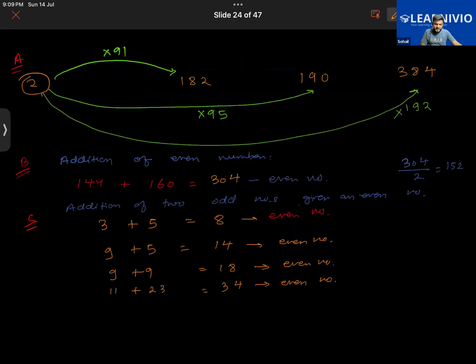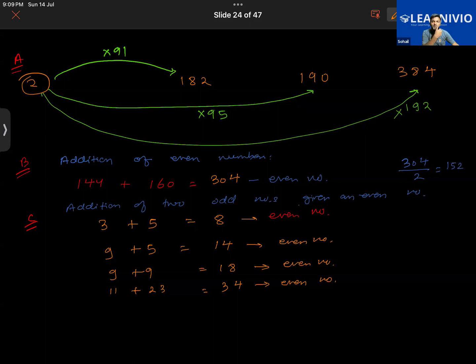After that, write down this statement: addition of two odd numbers gives an even number. And as an example, write down the first example: 3 plus 5 equals 8. Just the first example only.